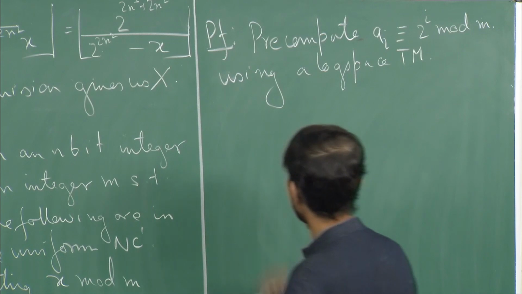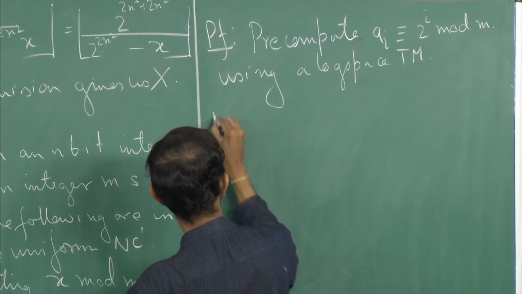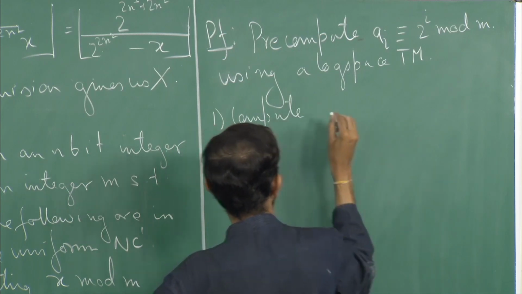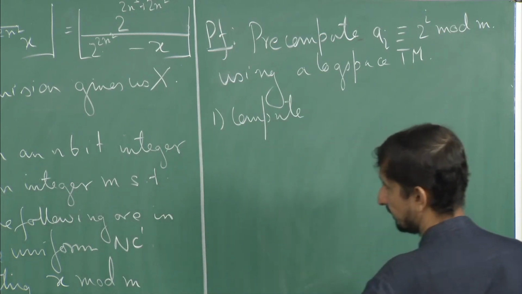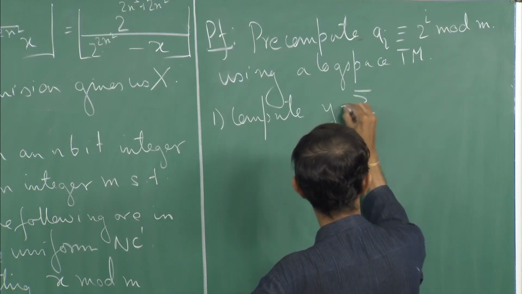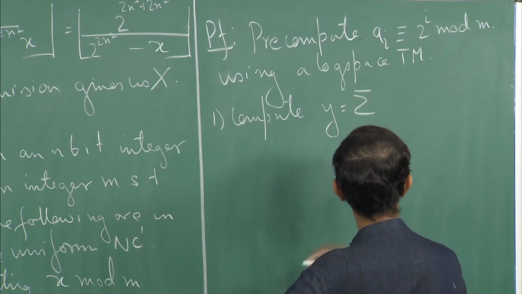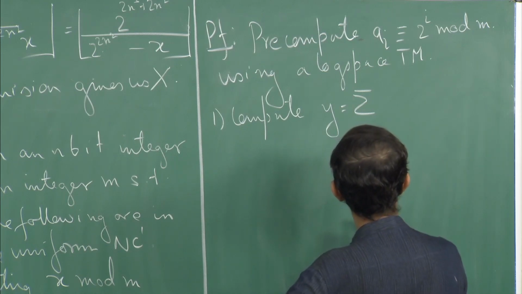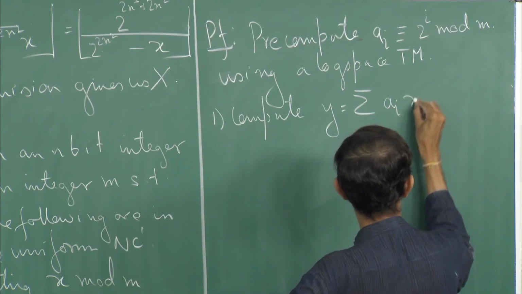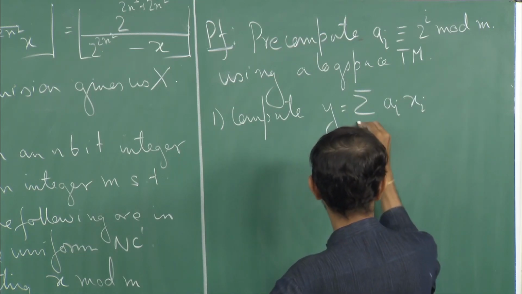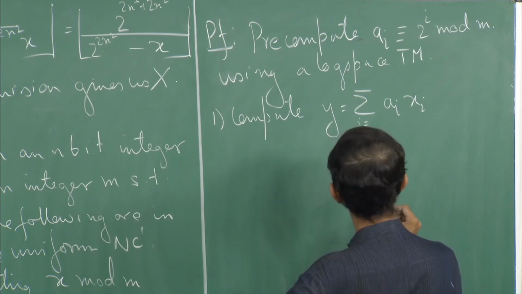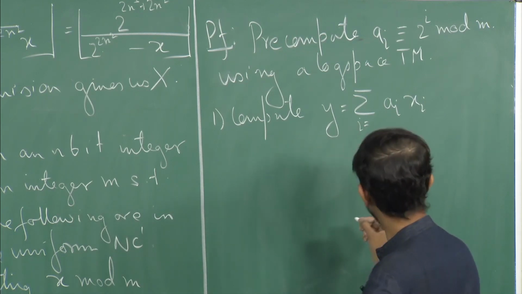Okay. So, now what we will do is, we will compute the following. So, I will compute y, which is equal to sigma a_i x_i.